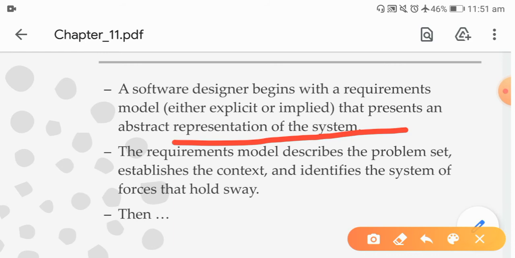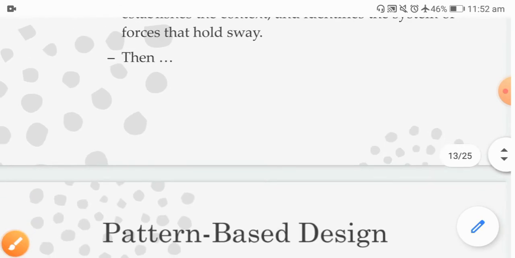In pattern based design, once your requirements are collected, you will design the pattern, and after that you will implement your design. So the requirements model describes the problem set, establishes the context, and identifies the system of forces that hold. Then what will be the next?